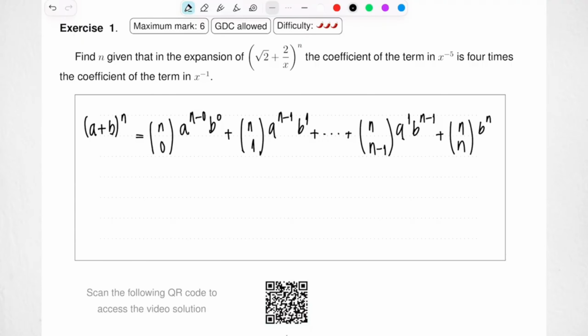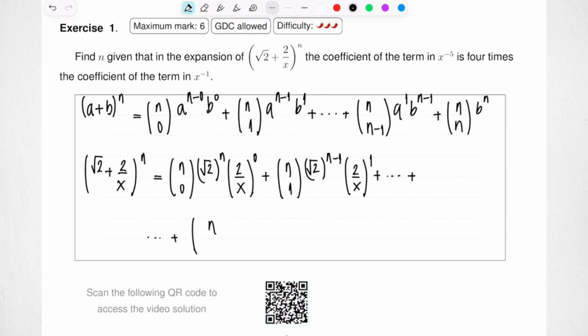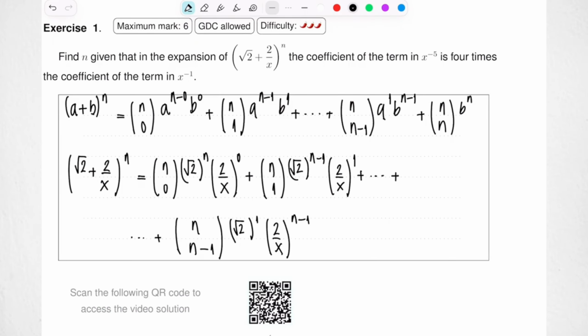And do notice that over here, a and b are root of 2 and positive 2 over x, which means that when we're expanding that, what we get is n choose 0 root 2 to the power of n, 2 over x to the 0 plus n choose 1 all the way up to the last 2 terms, which are n choose n minus 1 root 2 to the first power 2 over x to the n minus 1 plus n choose n root 2 to the 0, which is 1, times 2 over x to the n power.